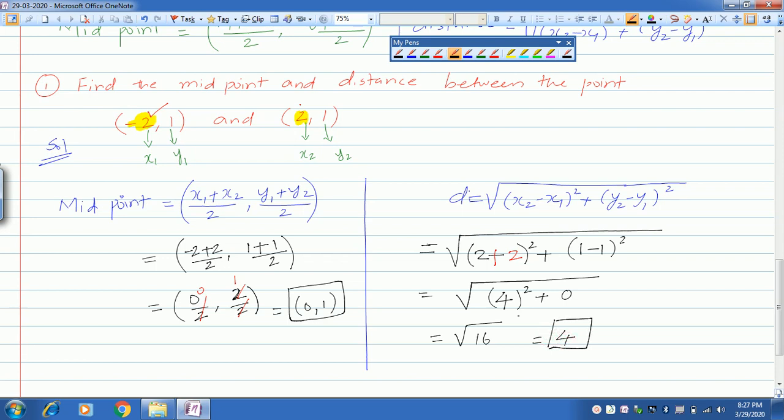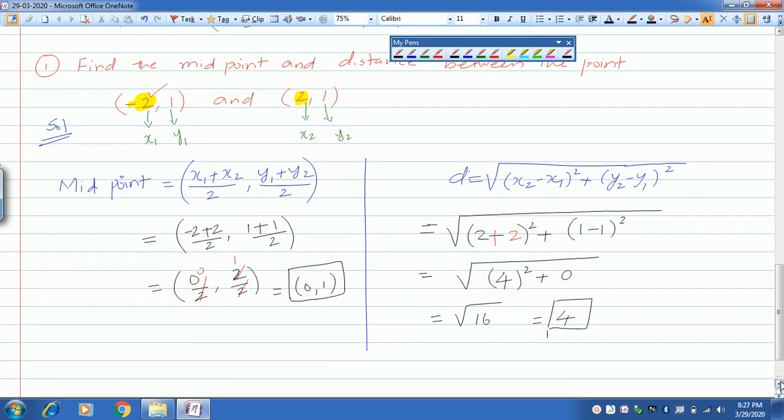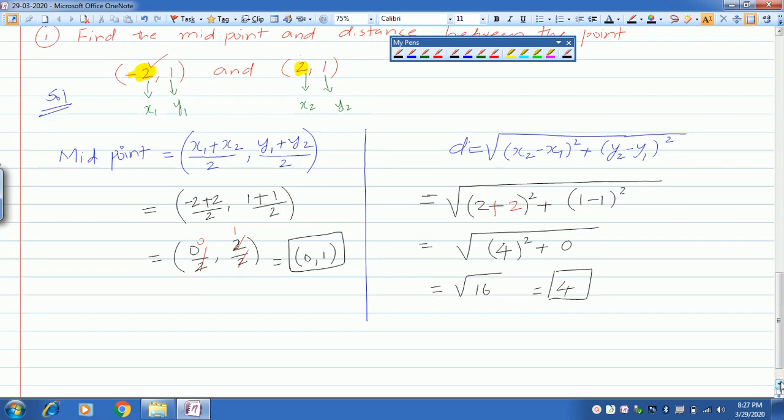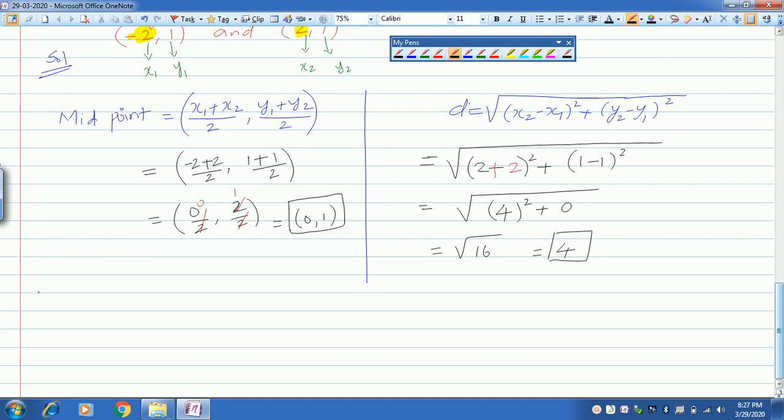So to understand the concept of the distance and the midpoint formula, we will take the graph of this. This is the x-axis, 0, 1, 2, 3, 4.